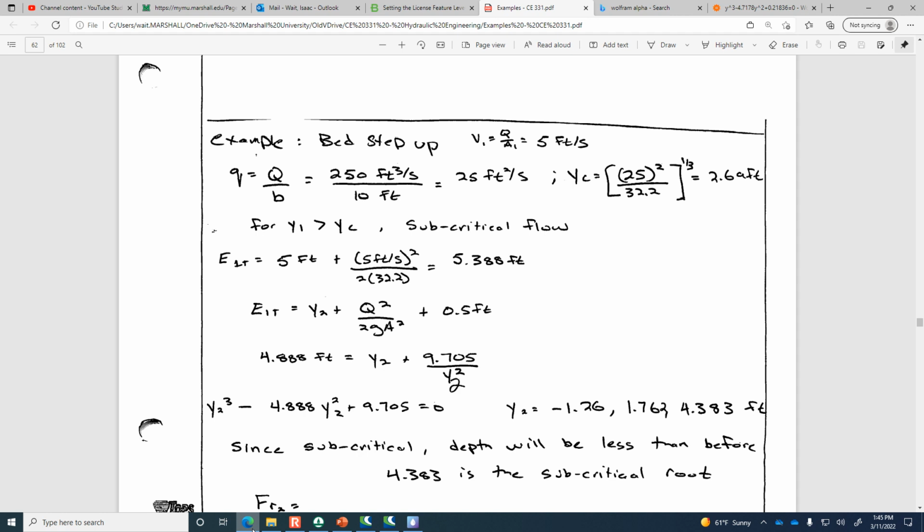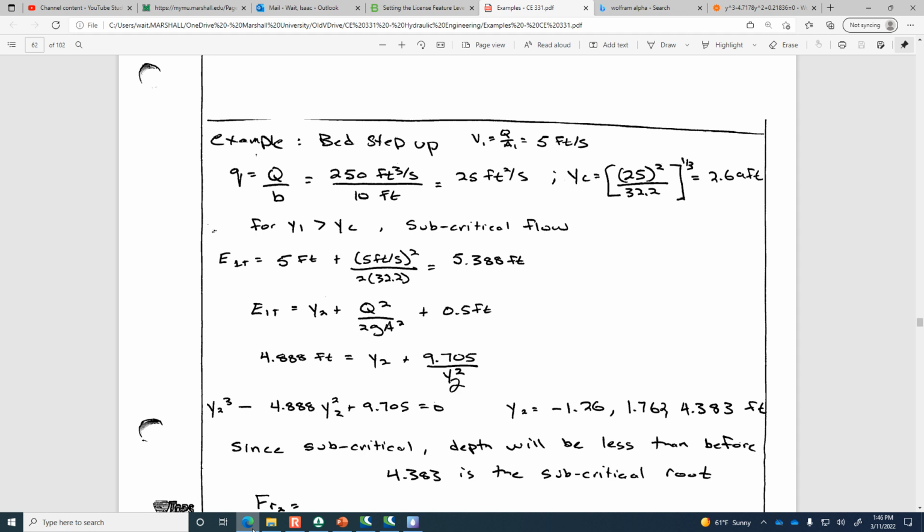So that's how much specific energy there is at 2, and so then the specific energy function for 2 is 4.888 feet equal to the flow depth y2 plus q squared divided by 2gA squared. So q squared is 250 squared divided by 2 times 32.2. And then A squared, since this is a 10-foot wide channel, is 10 times y2, squared.